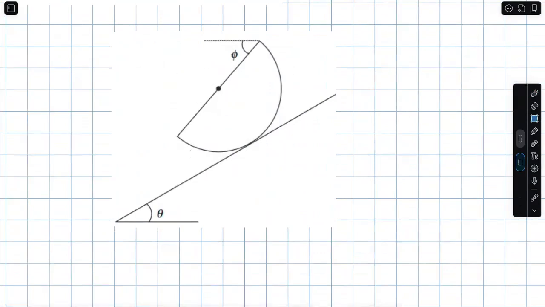Let C be the center. Remember, you already know that the center of gravity will lie somewhere at this point. But remember, the normal reaction will all the time pass through the center.